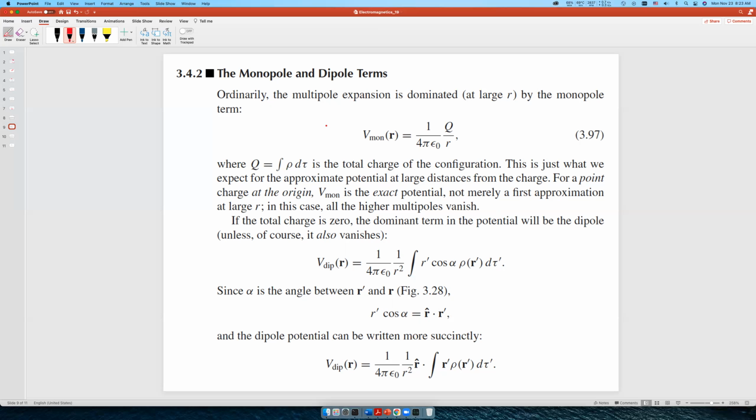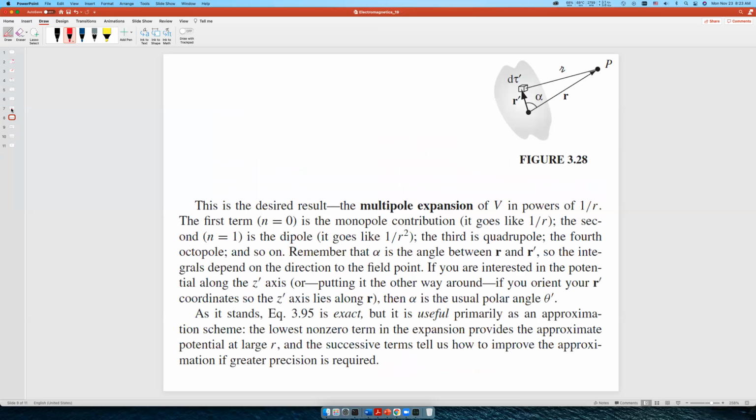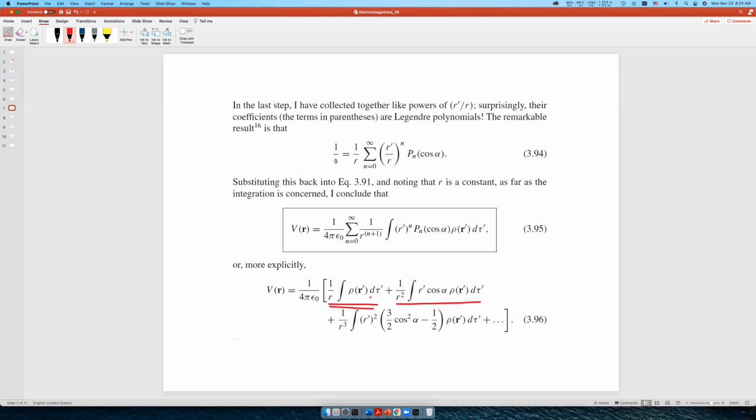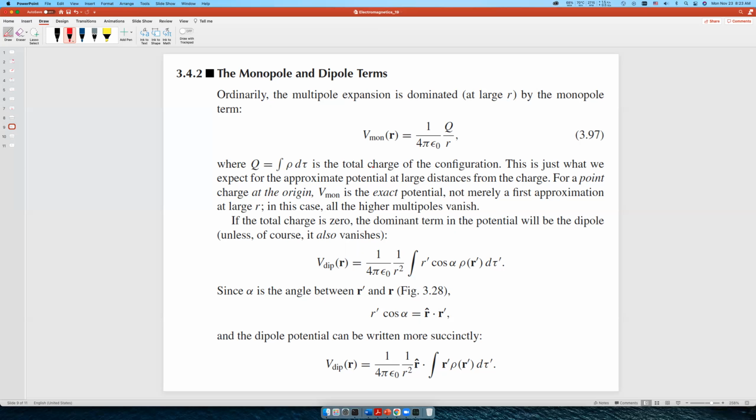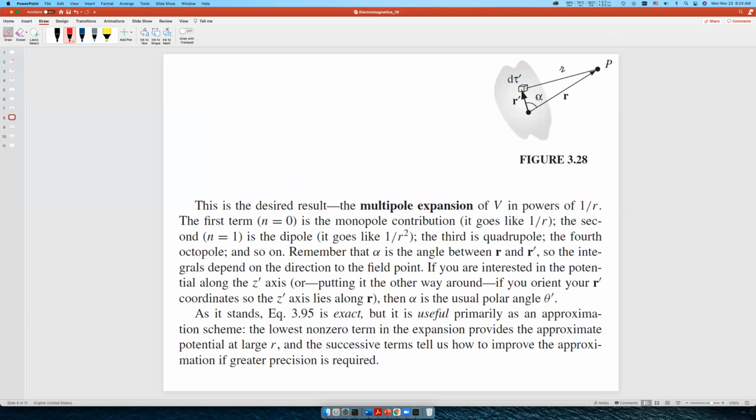If the total charge is zero, then the first term becomes zero because this integral becomes zero. Then the dominant term in the potential will be the dipole term. And since alpha is the angle between r prime and r, if you look at the figure here, this is alpha.